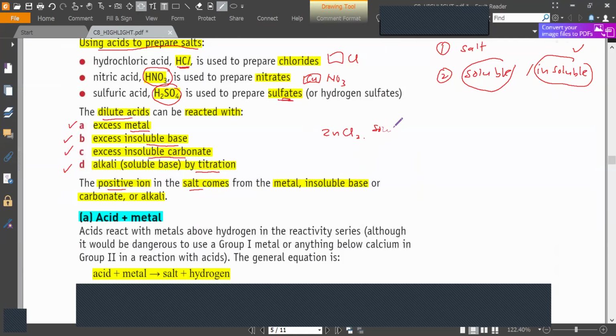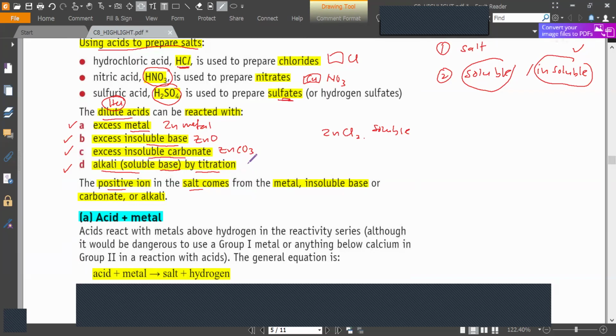It is soluble, so we can put zinc metal. The acid will be hydrochloric acid. Options are zinc metal, zinc oxide, zinc carbonate, or an alkali, a soluble base, by titration.